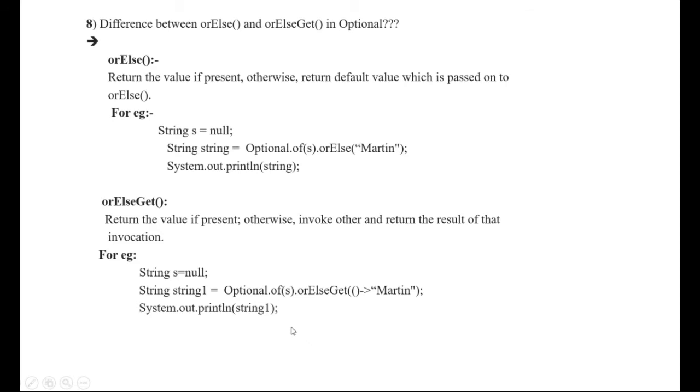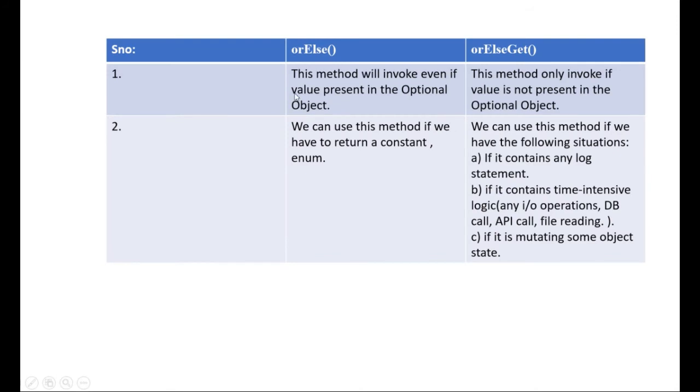Let's understand the difference between them. In orElse, even if a value is present in the optional object, it will call the orElse method. But the orElseGet method won't call it if a value is present. It will only be called if a value is not present in the optional object.